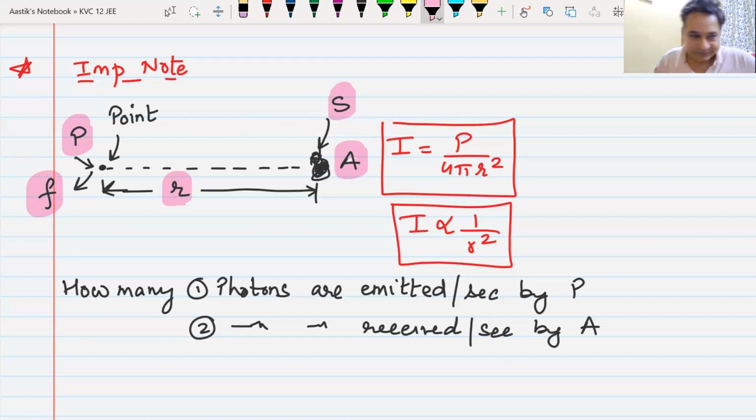I hope you are understanding the concept, yes or no? Yes, sir. This is known as the solar constant actually: energy received by Earth per unit area, per unit time. We will get to know the solar constant probably in the chapter on thermodynamics. Right now, I'm not going to tell you what this is.